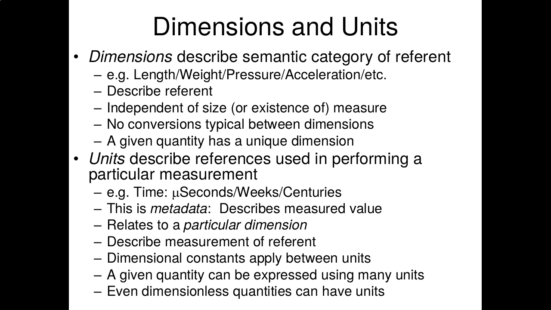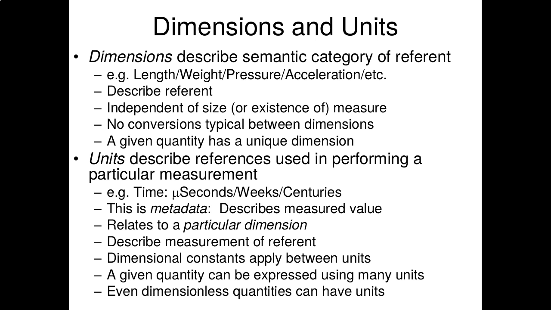By contrast, units describe references that are used in performing a particular measurement. They describe the yardstick or the meter stick against which you measure a quantity. So for example, if something is of dimension length, we might measure it in terms of meters, furlongs, fathoms, might measure it in terms of miles, inches, centimeters.